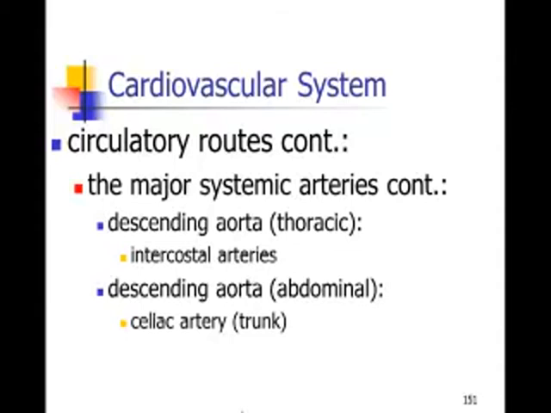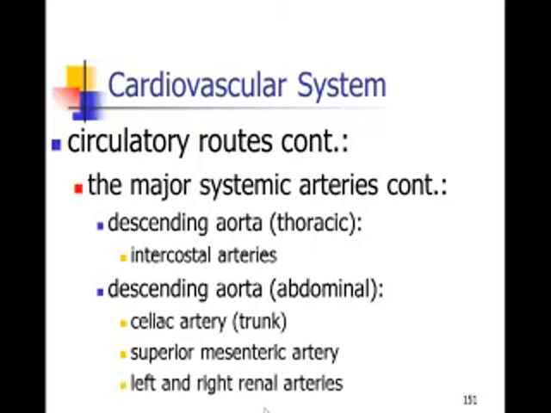And the first ventral branch off the aorta is the celiac trunk, which serves the liver and the gallbladder, and actually quite a bit of the gastrointestinal tract, the stomach. We have a superior mesenteric artery sending blood out to the pancreas and parts of the small intestine. We have the left and right renal arteries. Those are lateral branches. They go out to the kidneys.